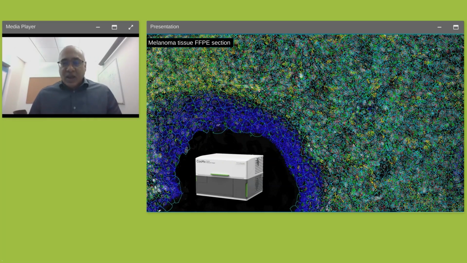Here, teal color lines represent well-defined cell boundaries of single cells, and these tiny dots are images of RNA transcripts. One dot is equal to one RNA transcript, so you are getting a complete digital quantification. CosMx enables quantification of more than 1 billion transcripts across 500,000 cells in a single run. And that is the power of CosMx.